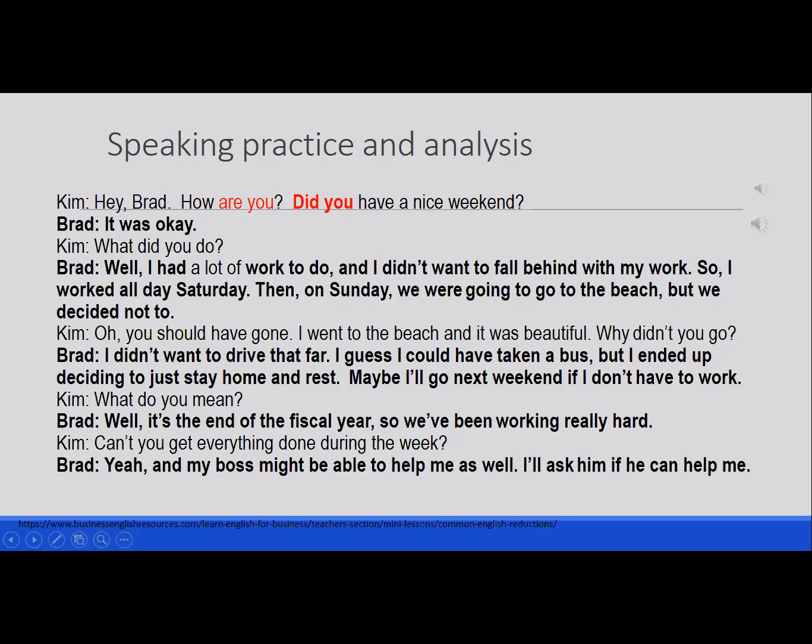I also copied and pasted the screenshot in Teams, by the way, so it's in the chat box. Whenever you want, you can go to your breakout rooms to practice the dialogue, all right?